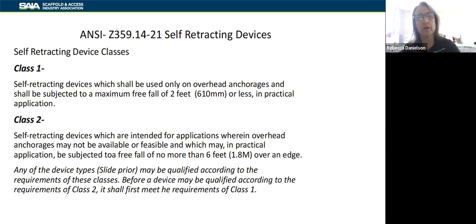And so Class 1, directly overhead. If you have an application where you're going to put it directly overhead, great. Class 2, that's what you're going to look for if you're anchoring anywhere other than directly overhead.